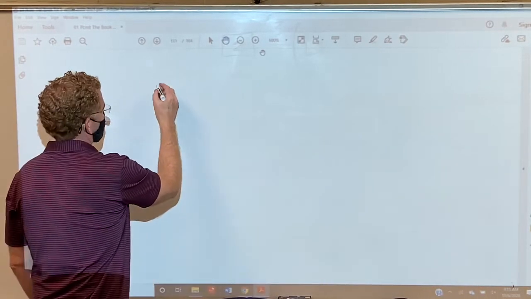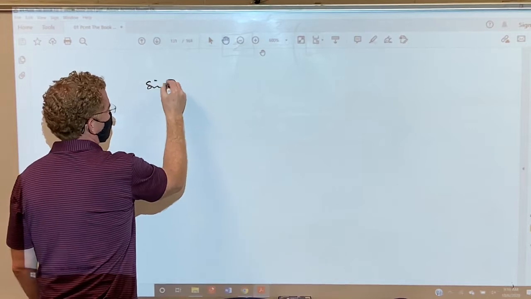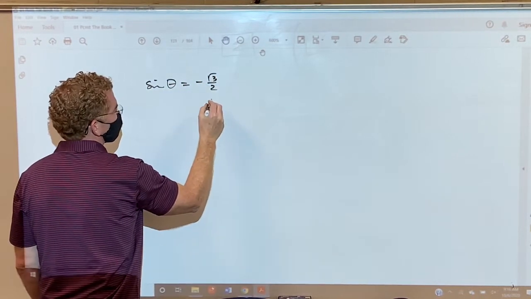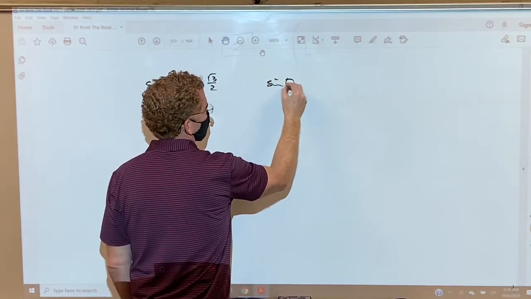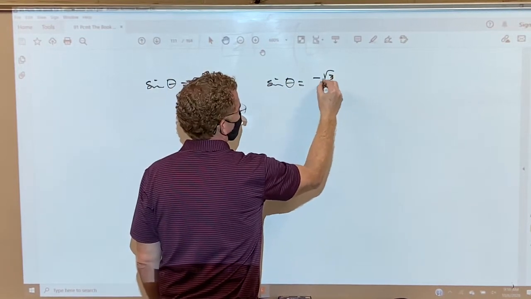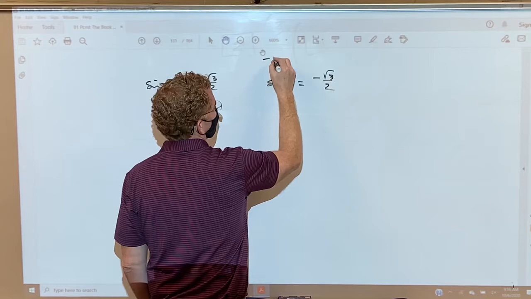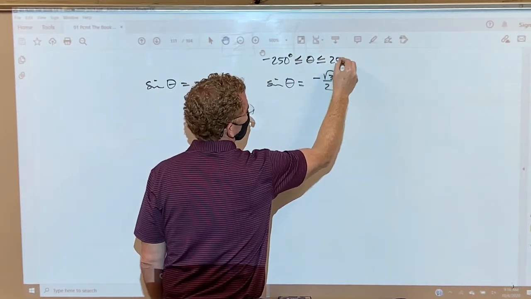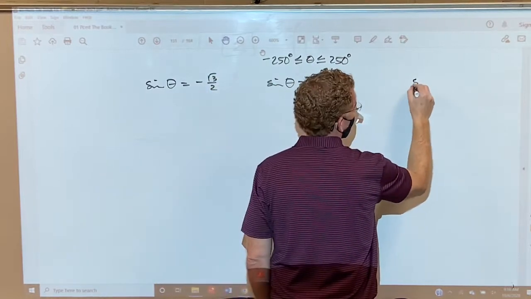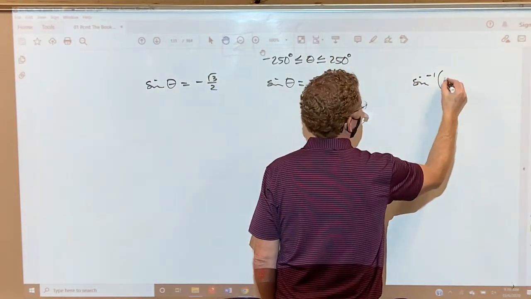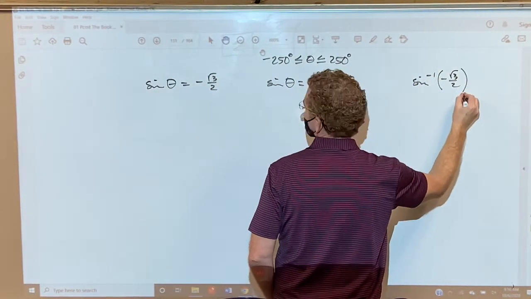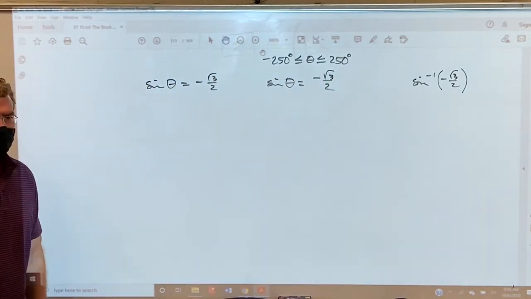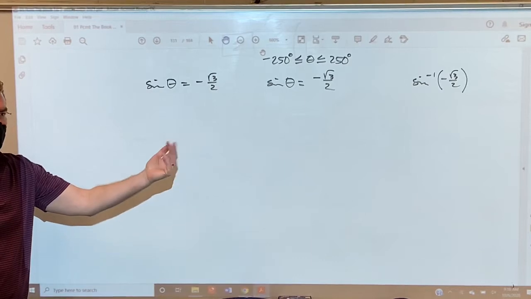In the next 3 minutes, what if I give you sine of theta equals negative square root of 3 over 2, versus sine of theta equals negative square root of 3 over 2 from negative 250 to 250, or inverse sine of negative square root of 3 over 2. What is this looking for? In your own words.